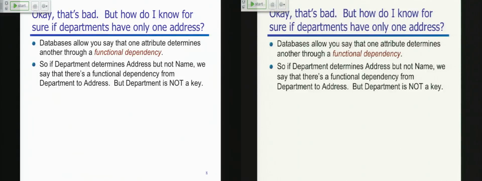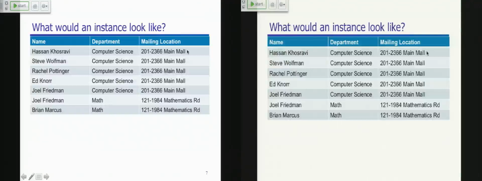Databases allow you to say that one attribute determines another one. And we're going to call this a functional dependency. So department determines mailing address but not the name. Department has a functional dependency with mailing location, but it's not a key for this schema.